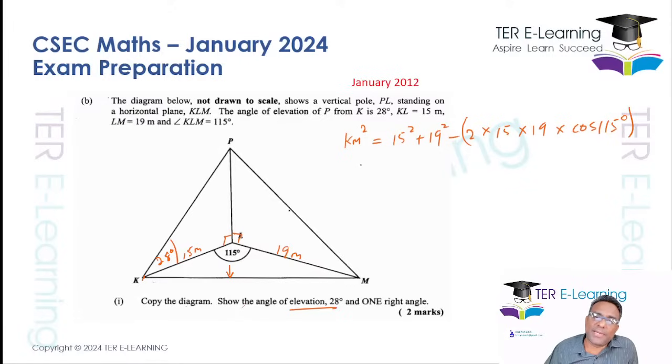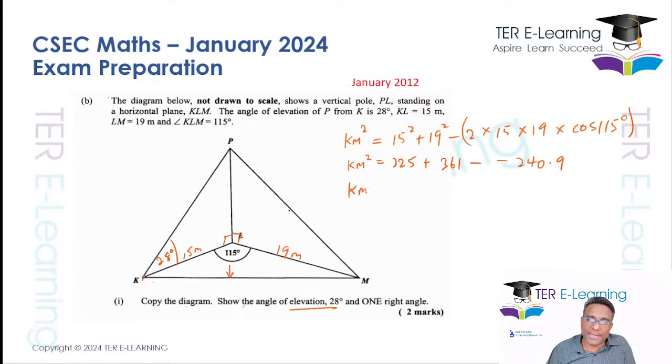I normally don't tell my class to learn the formula. We learn how to apply the formula. So KM squared, we're working out each of these things step by step. 15 squared is 225, plus 19 squared is 361, minus 2 by 15 by 19 by cosine 115, and you're going to get a negative answer here. So we have minus 240.9.